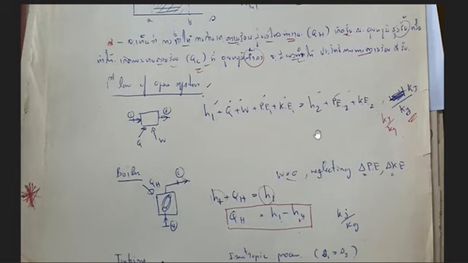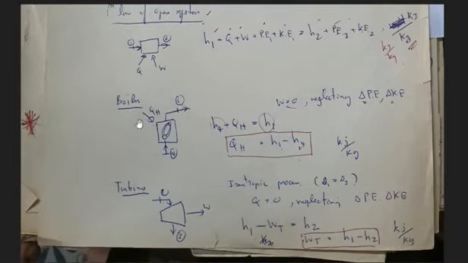The unit that we will use would be kilojoule per kilogram. Kilojoule would be the unit of work, and kilogram is the mass of the water or the steam.